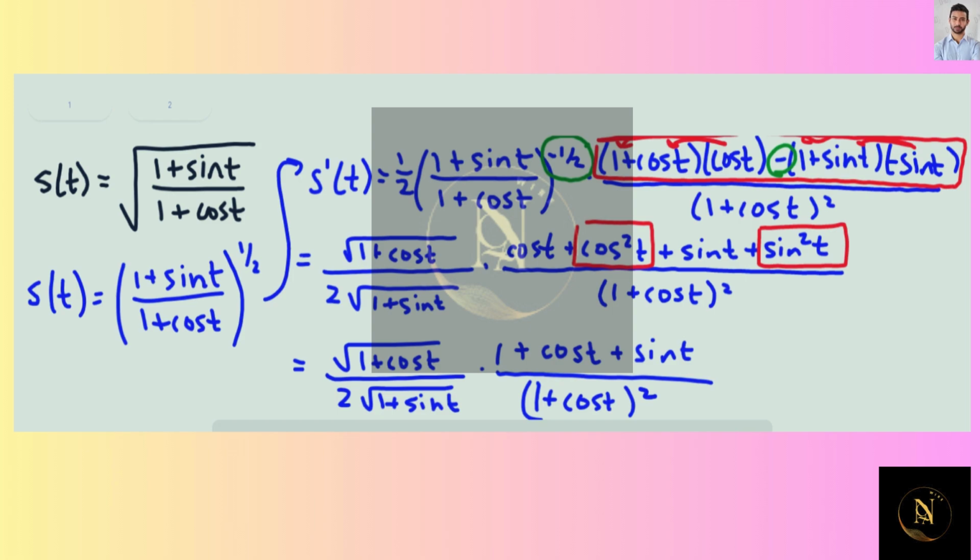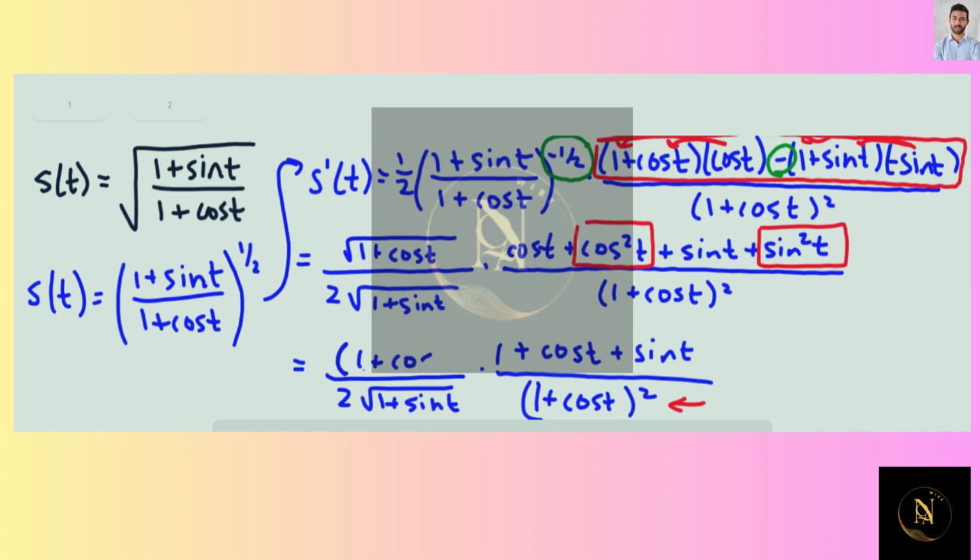Now this answer is looking great, but then you notice that you have a 1 plus cosine t to the 1/2 power on the top, and you have a 1 plus cosine t to the second power on the bottom, and you realize that you want to combine those. So let's go back and let's write the one on the top that had a square root sign as 1 plus cosine t to the 1/2 power. Maybe we prematurely changed it to a square root sign.